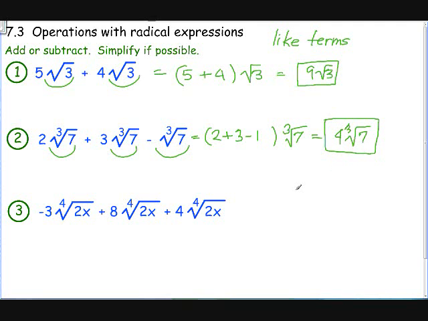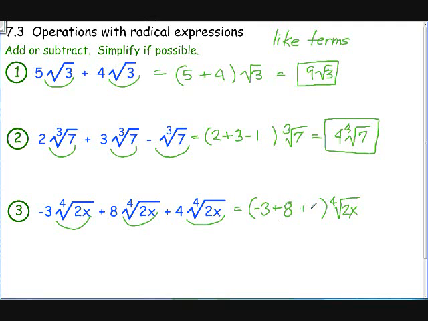Very nice. And down here, wow, this is looking a little complicated, but it's still all the same expression. I'm going to write it out. This is the 4th root of 2x. And now we're going to see how many of those we're doing. We start with a negative 3. Then we add 8.